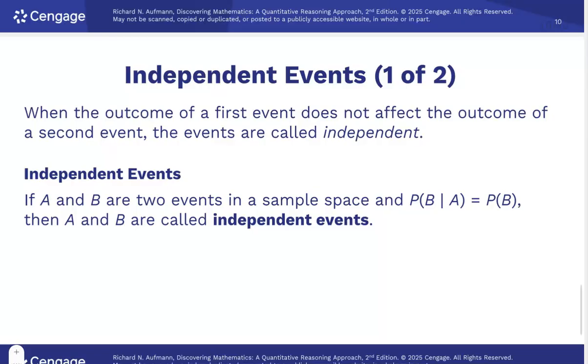So, how do we know if two events are going to be independent events? There's a mathematical way that we can look at it. If A and B are two events in the sample space, and the probability of B given A is equal to the probability of B, then we say they are independent events.